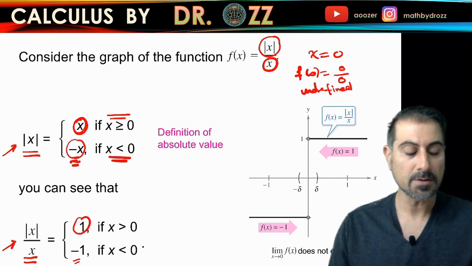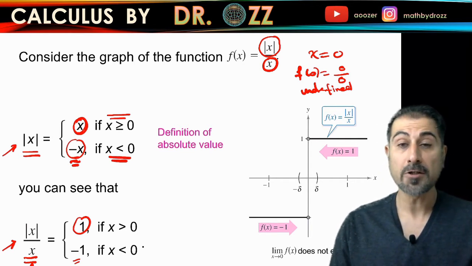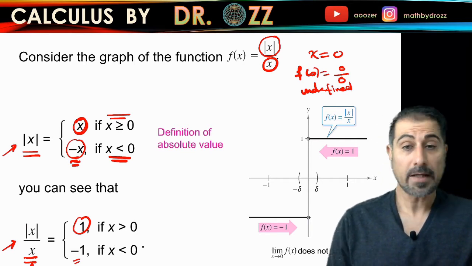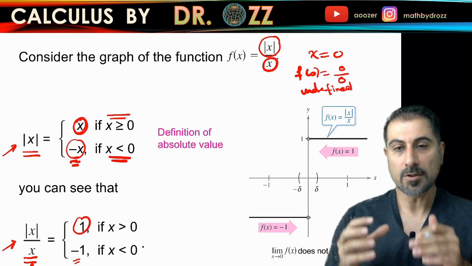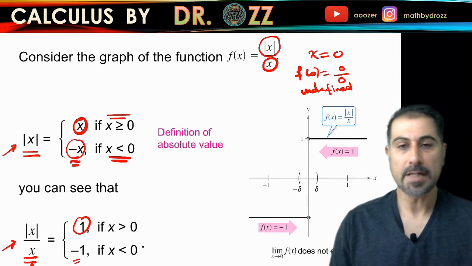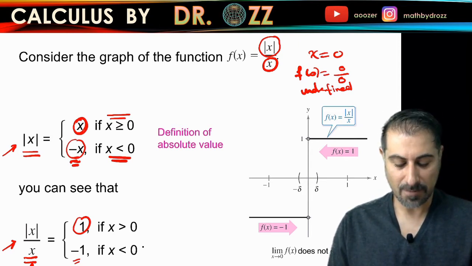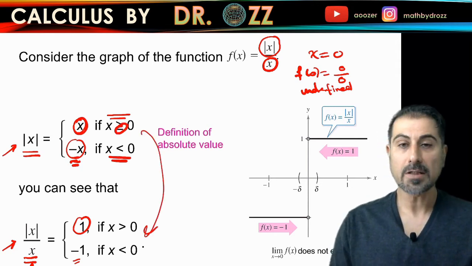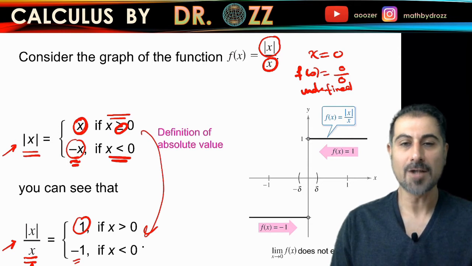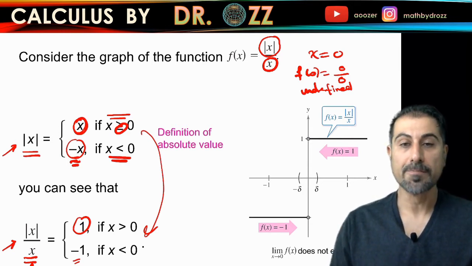So x equals 0 is not in the domain of this rational function. In fact, x equals 0 is in the domain of absolute value of x, but we're not interested in just absolute value of x, but absolute value of x over x. So essentially, we had to remove this equality sign, because the function, again, is not defined at x equals 0.